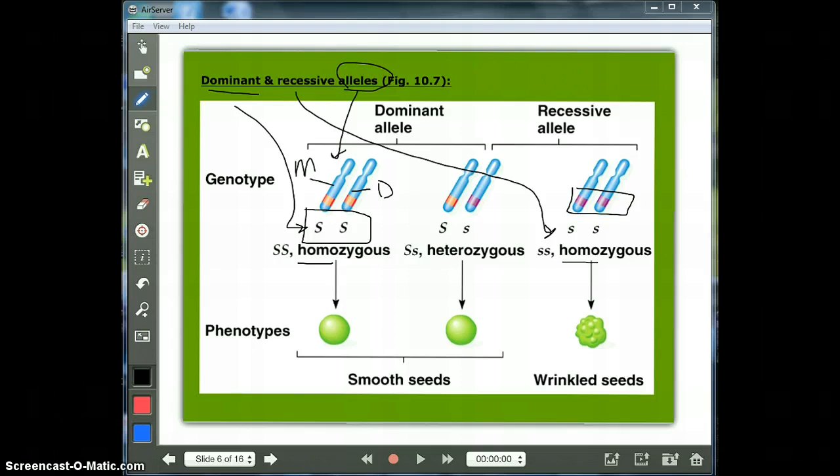Now, in a complete dominant trait, one is completely dominant over the other. Meaning if I had a big S from, say, mom, and a little s from dad, if this was you in the middle, this big S is going to be dominant over the little one. One way I think about it is like you playing basketball against a preschooler or a kindergartner, right?